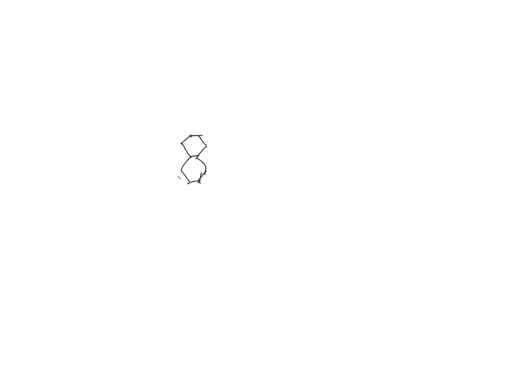So here's ring number 1, ring number 2, and then they build a ring up here, ring number 3, and then ring number 4. So it looks something like this. And then they generally have a chain coming off there. This is what we see as a steroid.